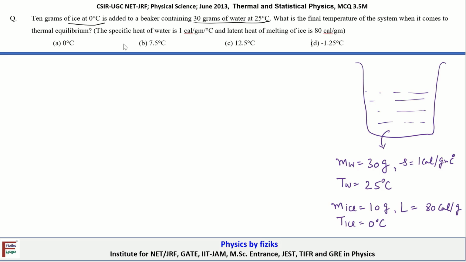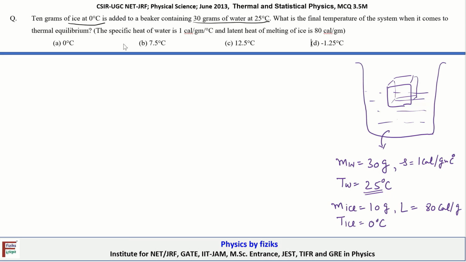So when the piece of ice whose mass is 10 grams is put inside the water, depending upon the heat exchange between the ice and water, and depending upon how much energy is available inside the water which is at 25 degrees Celsius, if that energy is sufficient to meet the energy requirement to melt the 10 gram piece of ice, only then the complete process will take place.